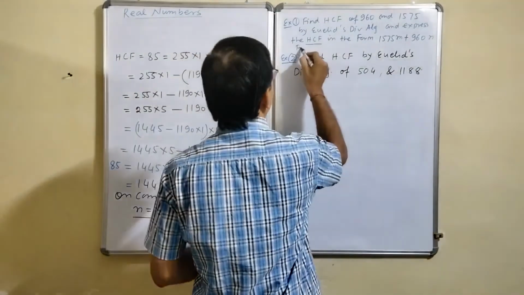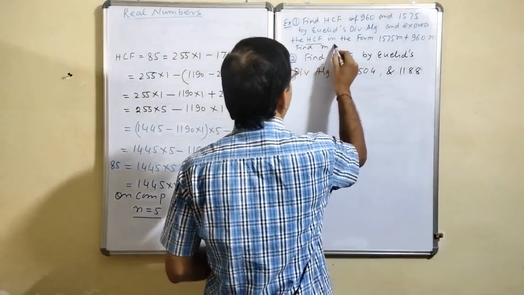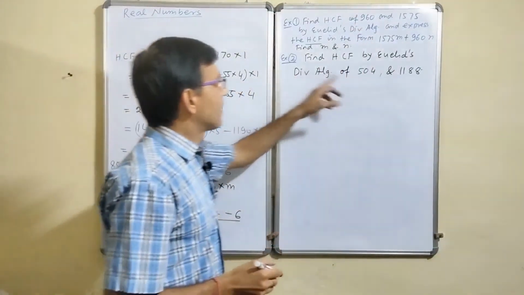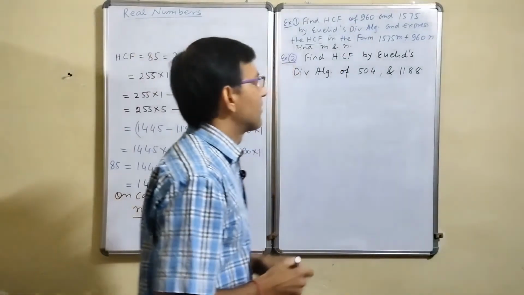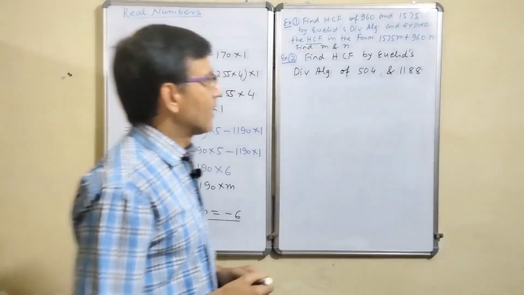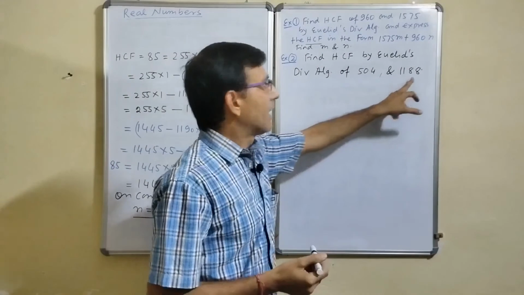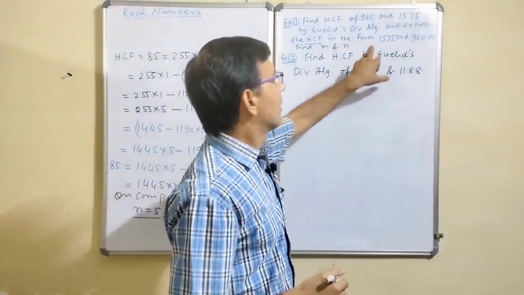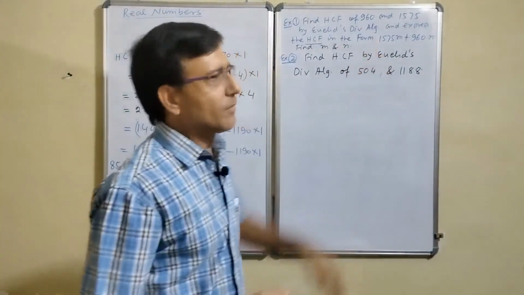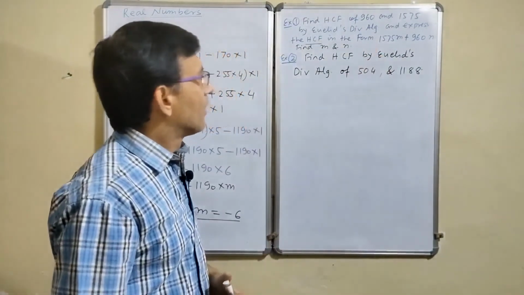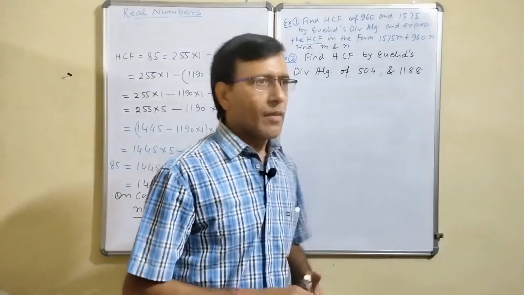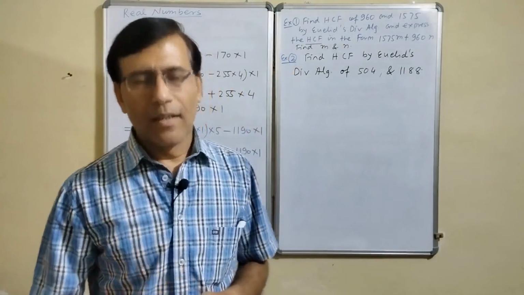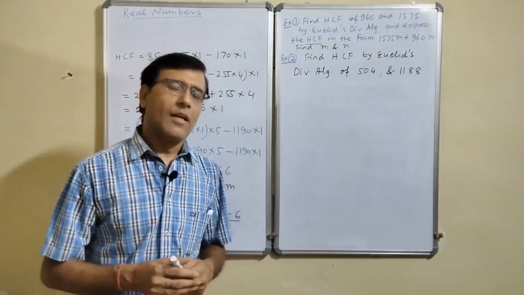Now the second one is find SCF by division algorithm of 504 and 1188. This is a normal, simple question, and the other you have to take care of. So simplify it for your practice, and in the next video we will learn some different topics of real numbers.